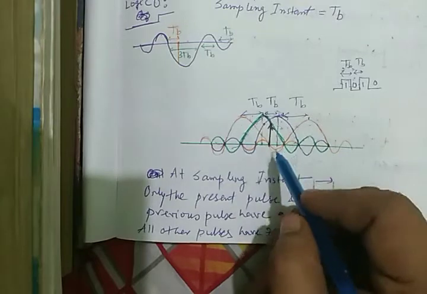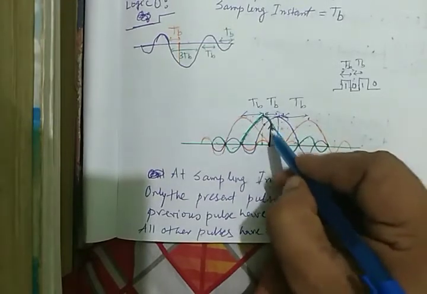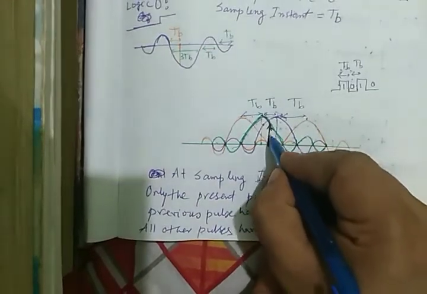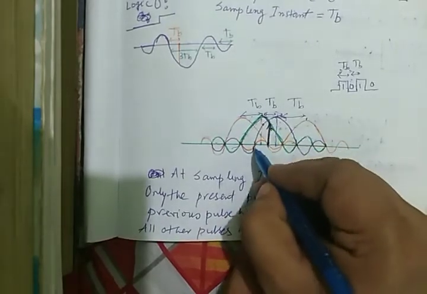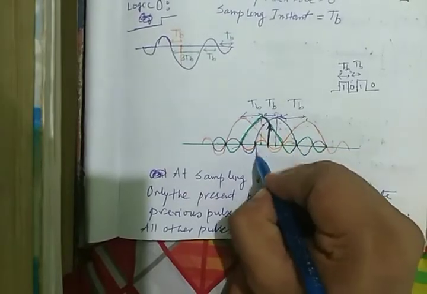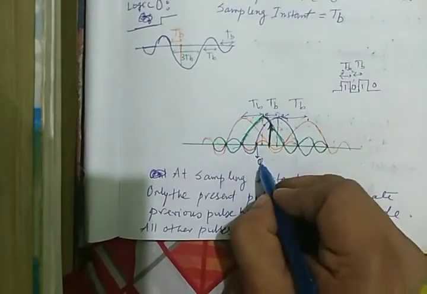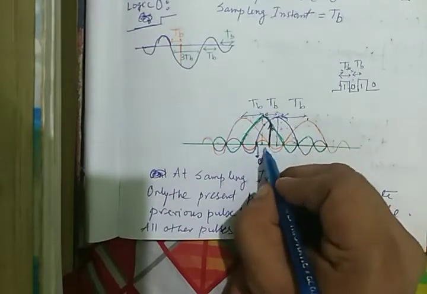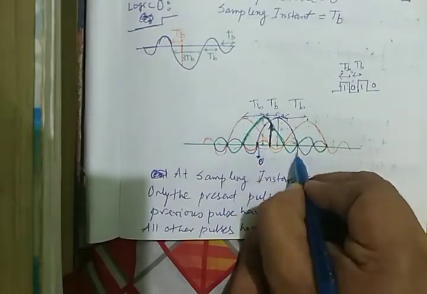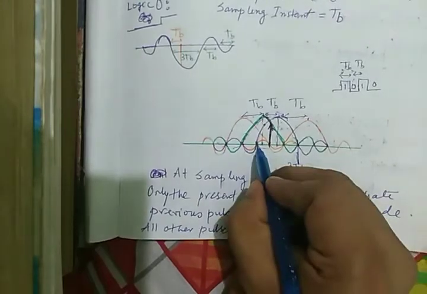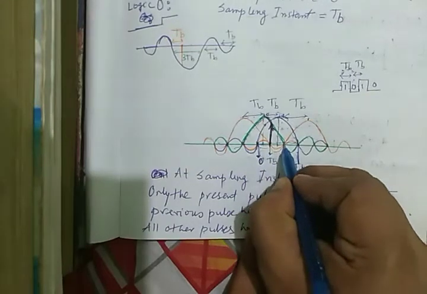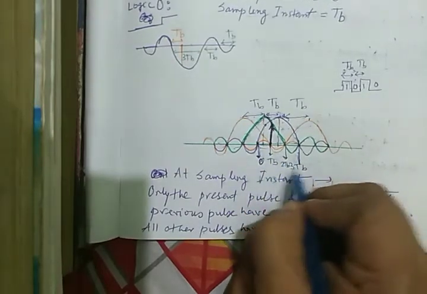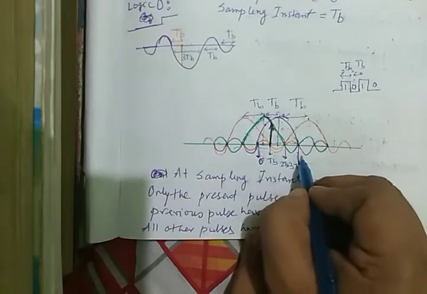If you observe clearly, where is my sampling instant? My sampling instant is basically here. While sampling for this pulse, this is the start of the main lobe for the blue pulse. The main lobe extends from 0 to 3 Tb. This point is approximately 1 Tb, this point is 2 Tb, and this is 3 Tb.